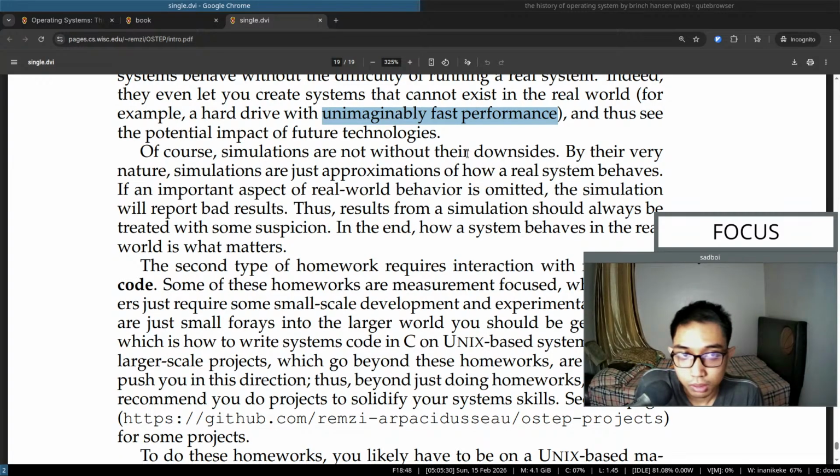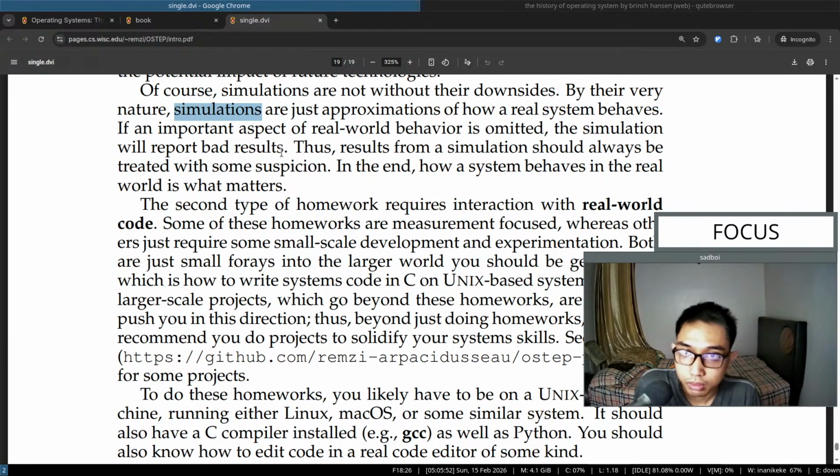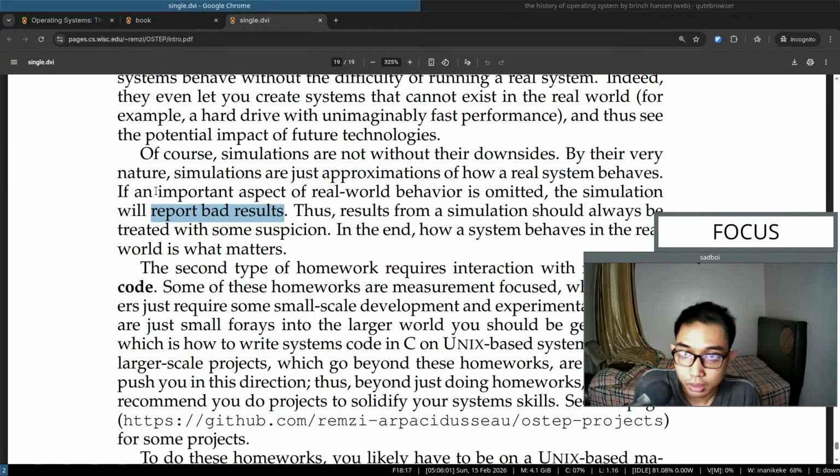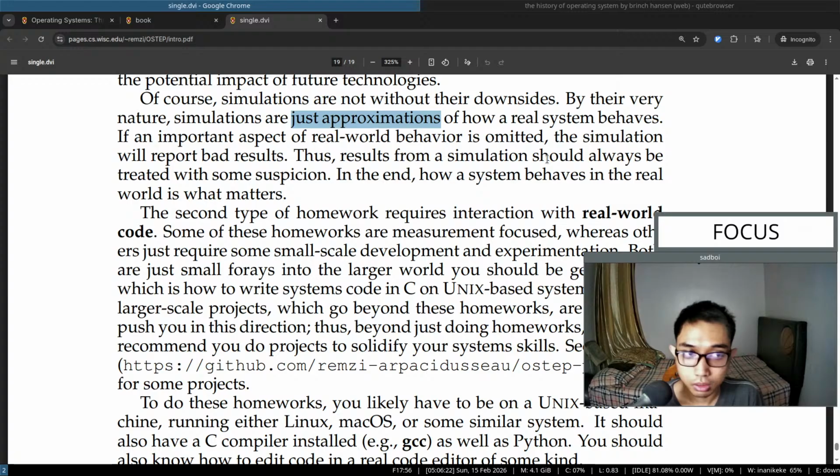Of course, simulations are not without their downside. By their very nature, simulations are just approximations of how a real system behaves. If an important aspect of real-world behavior is omitted, the simulation will report bad results. The results from a simulation should always be treated with some suspicion.